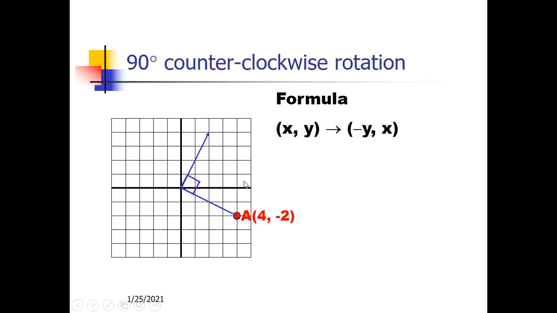Then where will you stop when you rotate 90 degrees exactly? Did you see? We take 90 degrees and we move up, right? So we will find that the point A, its image, will be 2 and 4. What happens if I want to use a rule?